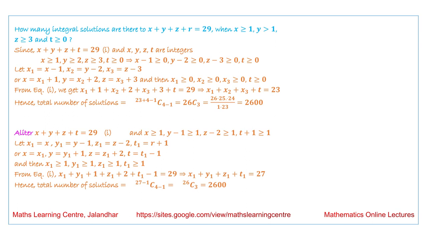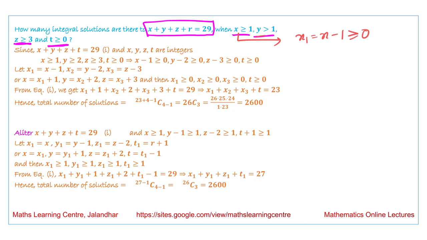Next is, how many integral solutions are there to x plus y plus z plus t is equal to 29. It is given that x is greater than or equal to 1, y is greater than 1, z is greater than or equal to 3 and t is greater than or equal to 0. So we can write these conditions. First, suppose x1 is equal to x minus 1, which is greater than or equal to 0.